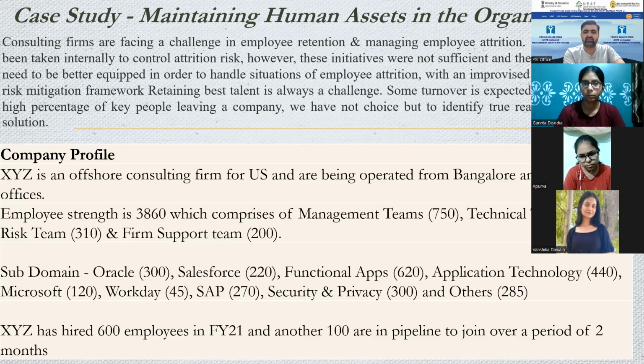People come, join, but leave, right? And they have difficulty managing employee attrition. Although some initiatives have been taken, they may not be very fruitful, and the rate of attrition is always high. Now the first question is, what is attrition?